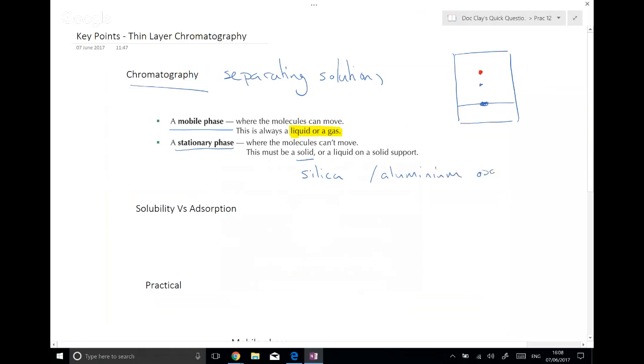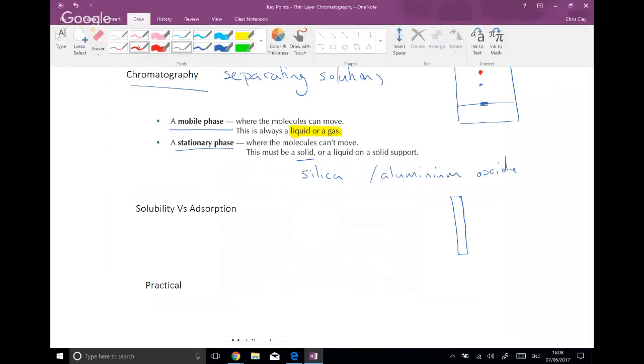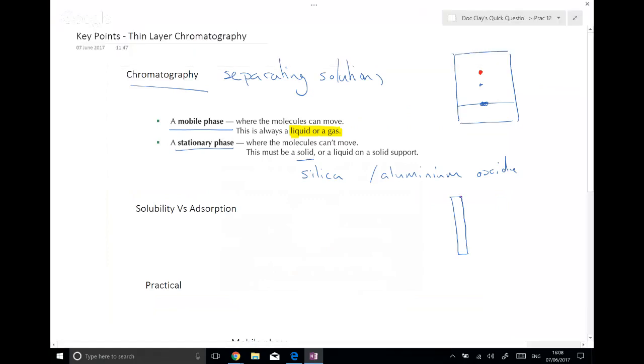When we do our thin layer chromatography, you tend to have a plate, which I'll draw like this, a cross section of a plate, and stuck to the front of that plate would be either your silica or your aluminium oxide, and that is normally white in color. So there we have stuck onto the front of the plate the silica or aluminium oxide.